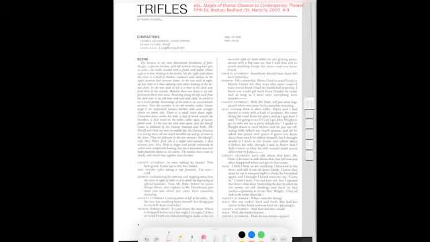Okay, so the first step in making your plot bead diagram is to annotate your script and to make some decisions about where units of action begin and end. So I've read this play a few times. I've actually already made some decisions about this, so I'm going to go very quickly through this.